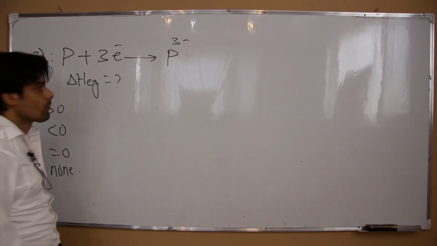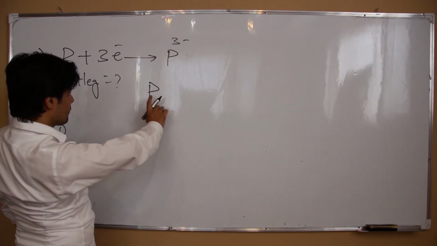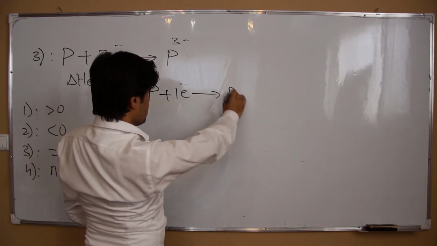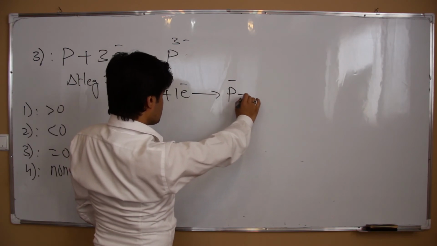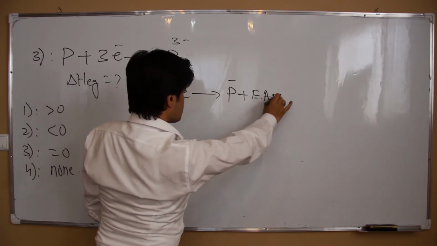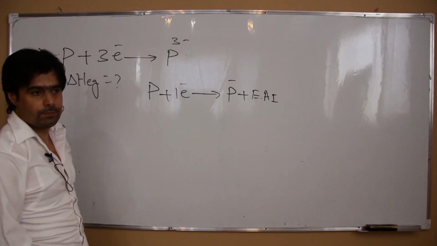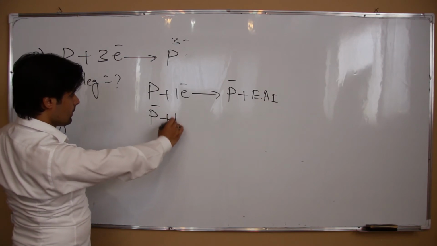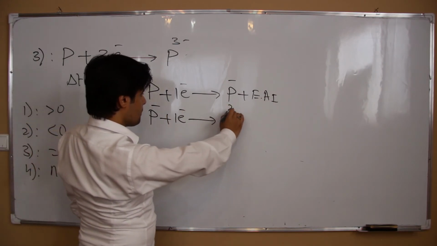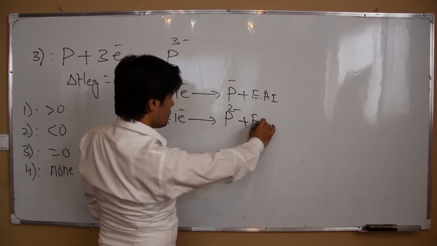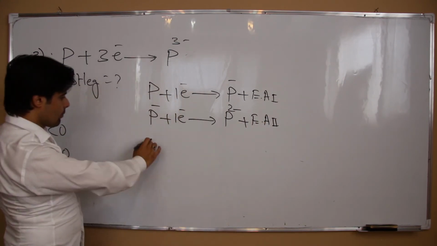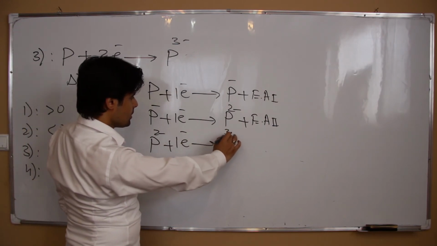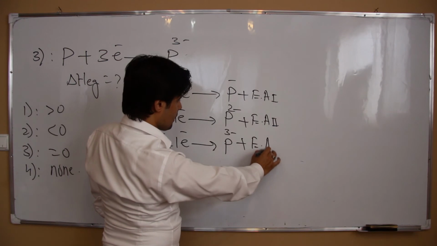What do you think? I think that we have first phosphorus plus 1 electron in gaseous state. It should be P negative plus electron affinity first. Am I right? Yes. Now we have this P negative plus 1 electron more, it would be P2 negative plus electron affinity second. And we have this P2 negative plus 1 electron more, it is P3 negative plus electron affinity third.